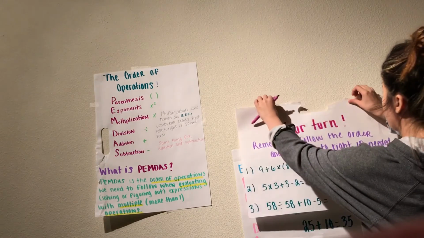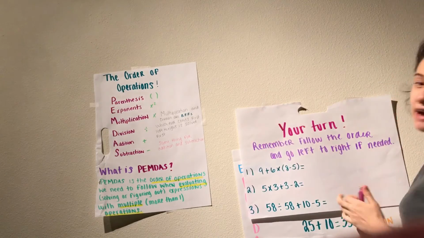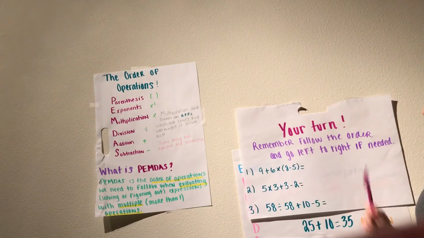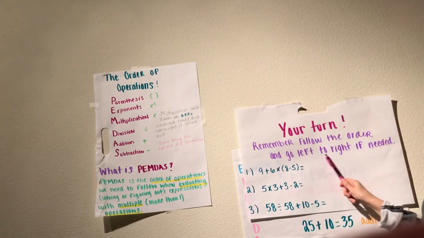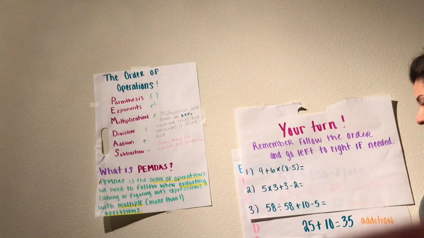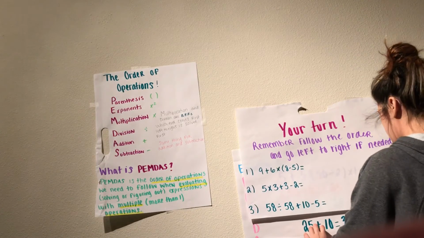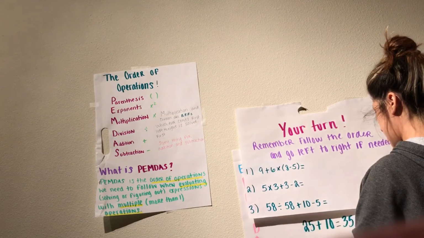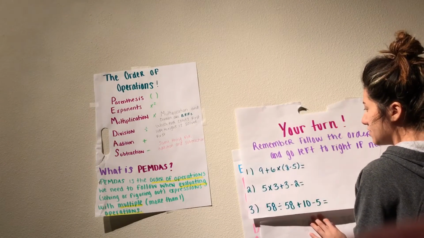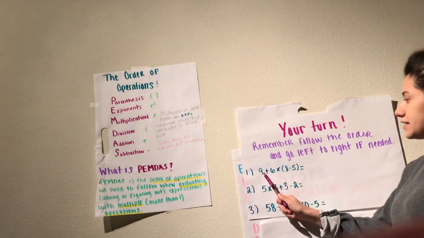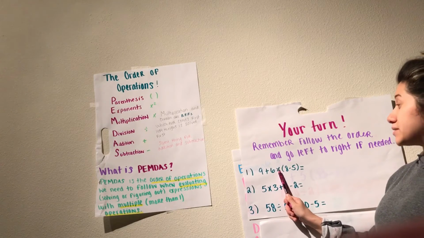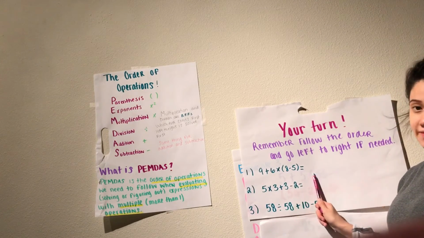I do have some practice problems for you guys. So now it's your turn. Remember to follow the order and go from left to right if needed. So we're going to write these problems down. I have problem 1, 9 plus 6 times, in parentheses, 8 minus 5.